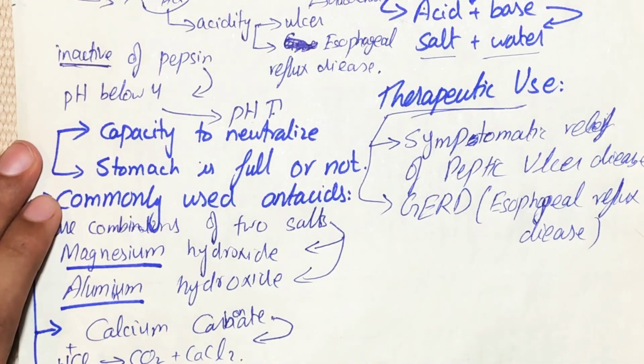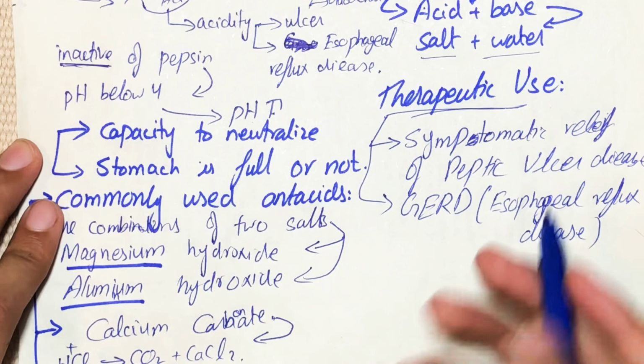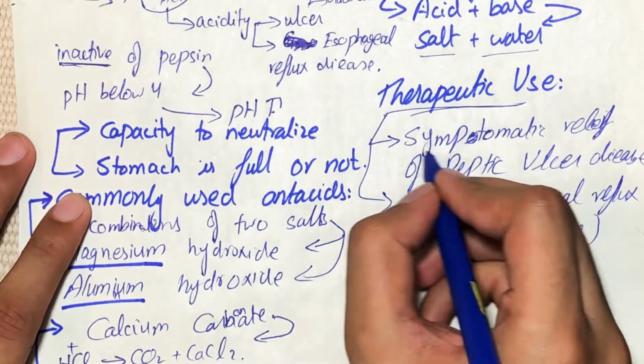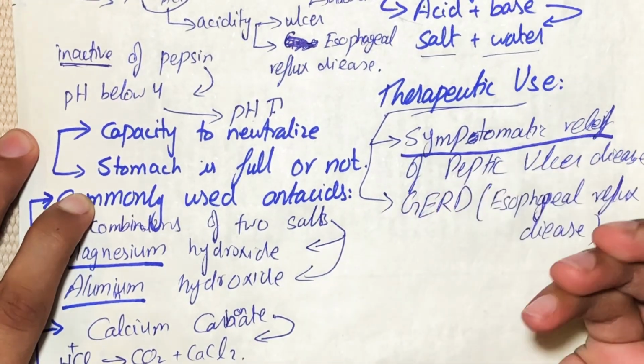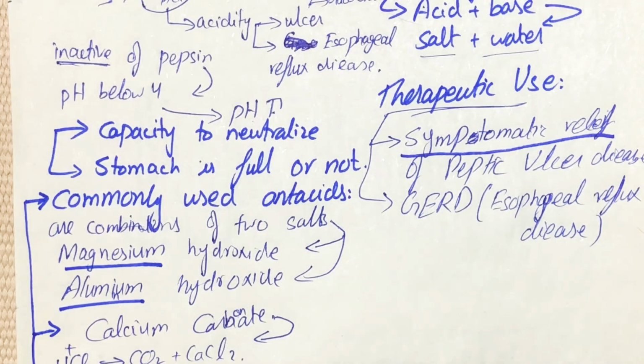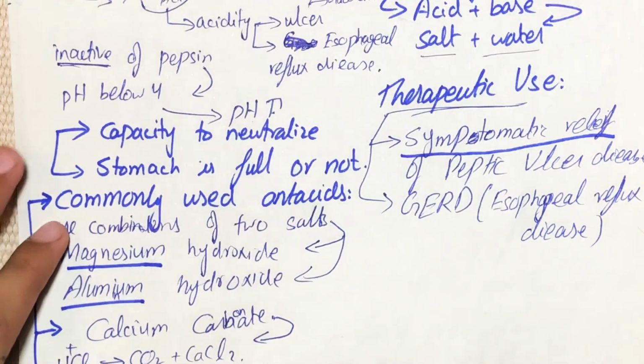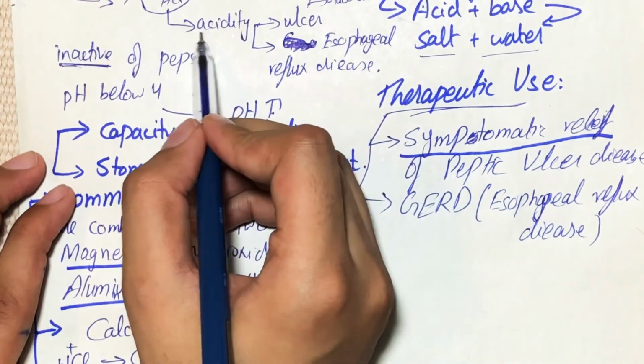Now one thing you should ask your teacher, your instructor, what is symptomatic relief? It means that the drug you are taking is not curing the reason or the cause of the disease, rather it is curing the symptoms of that disease. So you may ask, what are the symptoms that it is treating? So generally we talk about acidity.